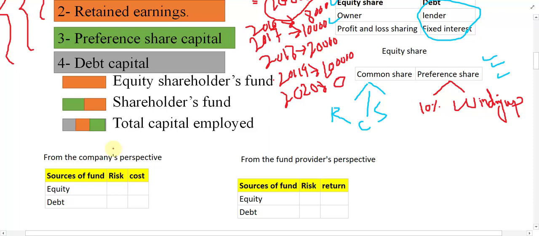In order to avoid this confusion, I have to discuss the risk and cost from two perspectives. First, from the company perspective, for example, a joint stock company. And the second, from the fund provider's perspective, those who provide fund. The cost and risk for these people is different.